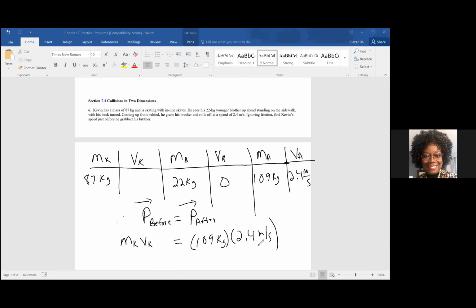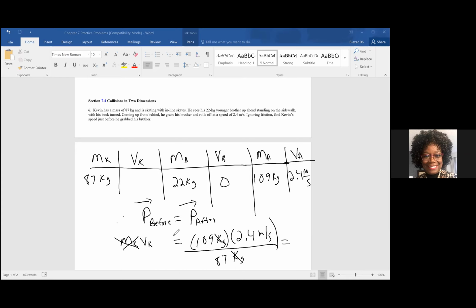Okay. Now, the mass of Kevin was given. So if I divide both sides by the mass of Kevin, that will come over on this side in the denominator. And that number is 87 kilograms. So kilograms and kilograms will cancel. And I will get the velocity of Kevin because my only unit remaining is meters per second.